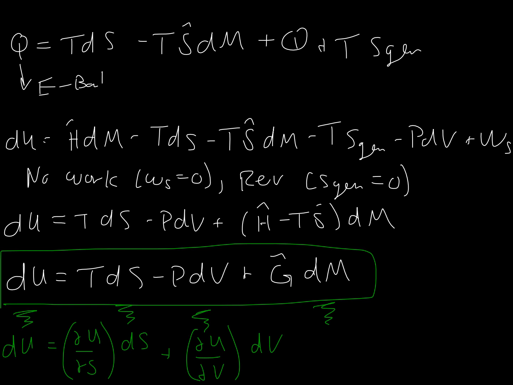So basically, if you're trying to calculate how much a total function changes, in this case, we want to know what is the total amount of change in the internal energy of the system. But there's lots of things that can change it. So you're adding up the incremental change with respect to entropy, the incremental change with respect to volume.